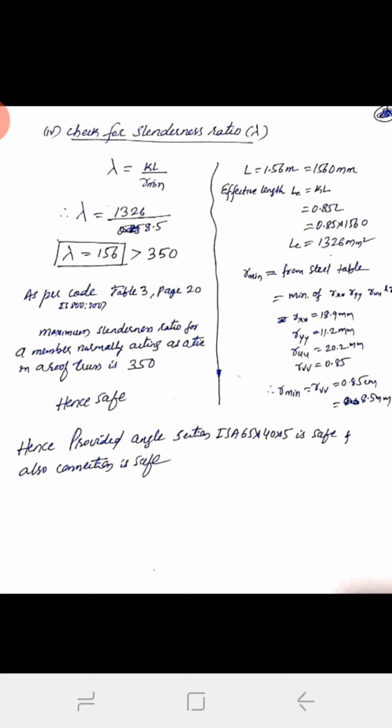So what happens in tension members, in worst possible cases, if during wind or earthquake happens, then all the forces in the member may get changed.